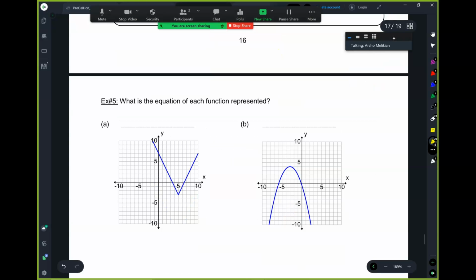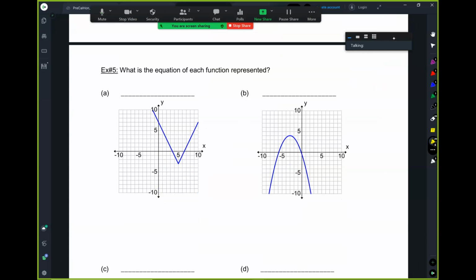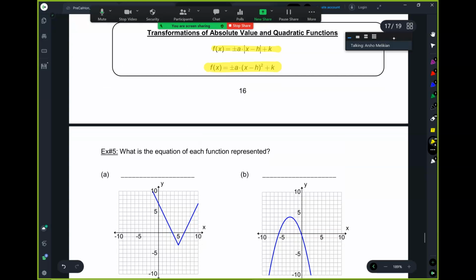All right. Let's talk about how to come up with functions. Okay? So, to write functions, you're now going to use the two templates that I just showed you here, and you're going to come up with all of these values.